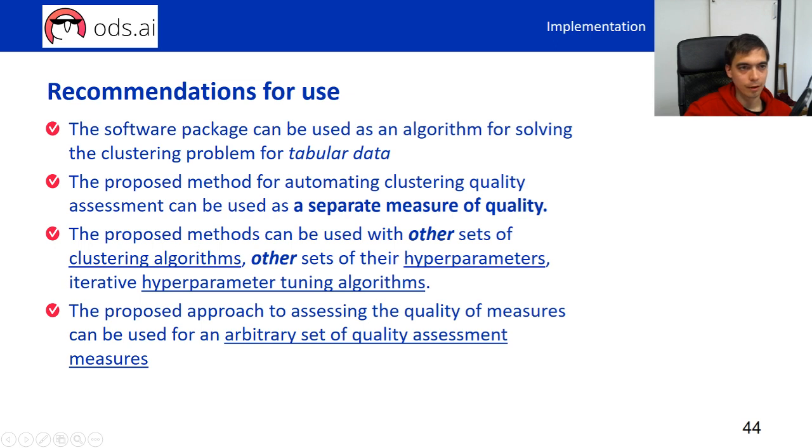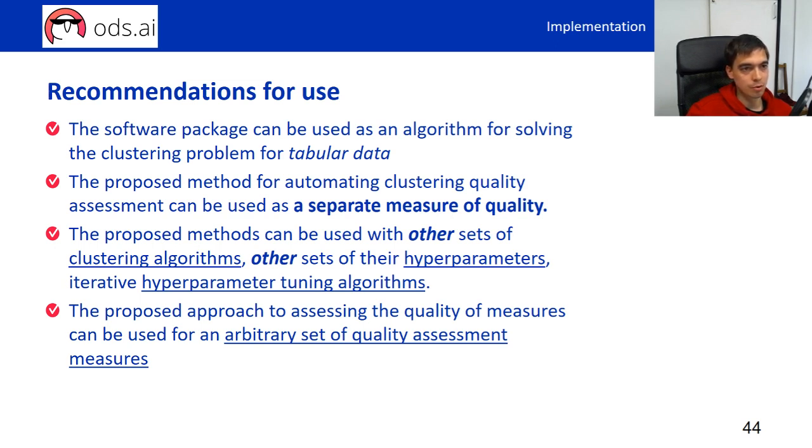Okay. As for the recommendations for use, the software package can be used as an algorithm for solving the clustering problem for tabular data. The proposed method for automating clustering quality assessment can be used as a separate measure of quality that we have already mentioned. We call it meta CVI.